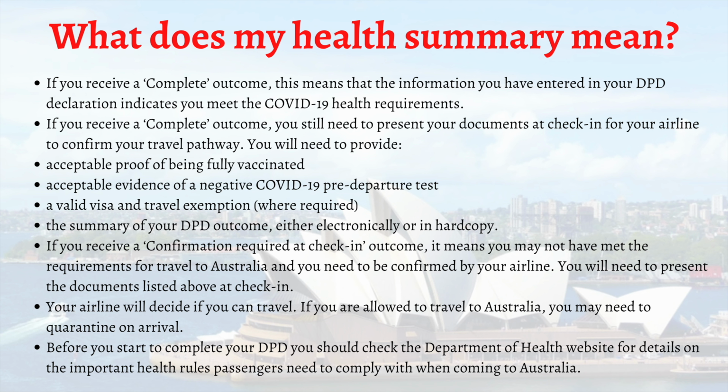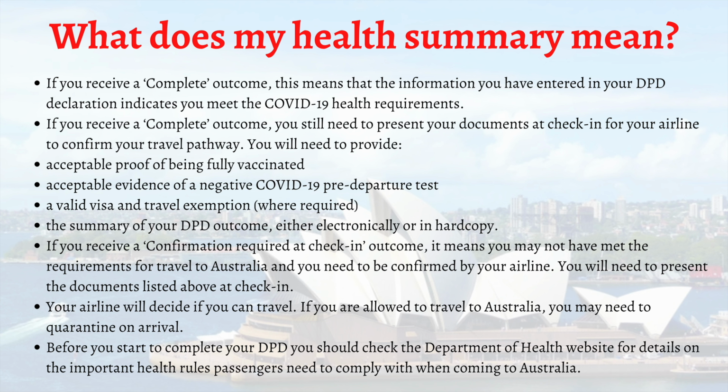confirm your travel pathway. So you will need to provide acceptable proof of being fully vaccinated, acceptable evidence of a negative COVID-19 pre-departure test, a valid visa and travel exemption where required, the summary of your DPD outcome, either electronically or in hard copy. If you receive a confirmation required at check-in outcome, it means you may not have met the requirements for travel to Australia and you need to be confirmed by your airline.